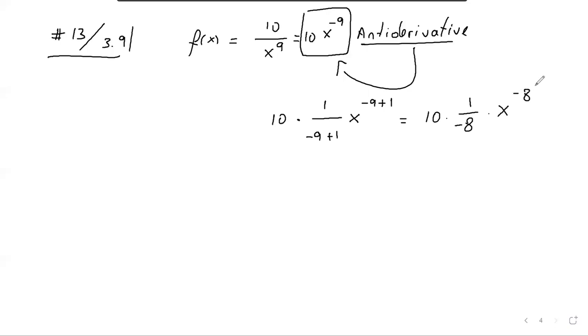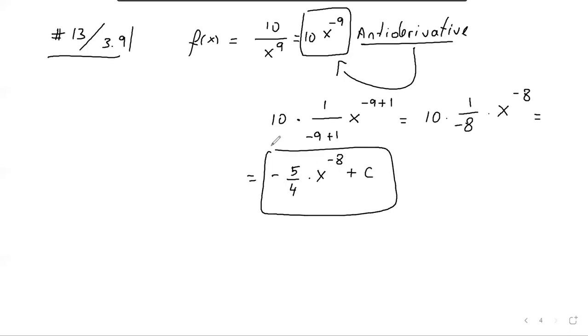It's misleading because you could think, oh, maybe it's negative 10. No, that would be minus 1, right? So be careful here, folks. Let's simplify. 10 divided by negative 8 is negative 5/4 times x to the negative 8 plus a constant c. That will be the final answer for this problem.